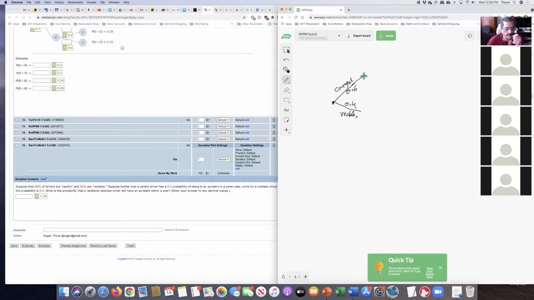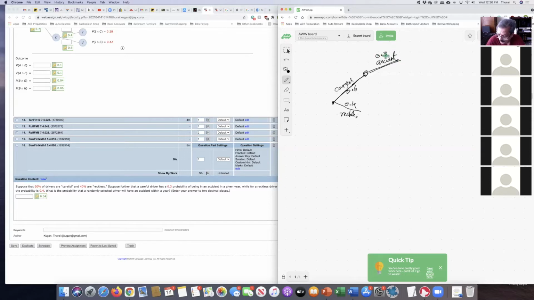There's a 0.3 probability for a careful driver to be in an accident. That means the probability of an accident happening, given the driver is careful, is 0.3.